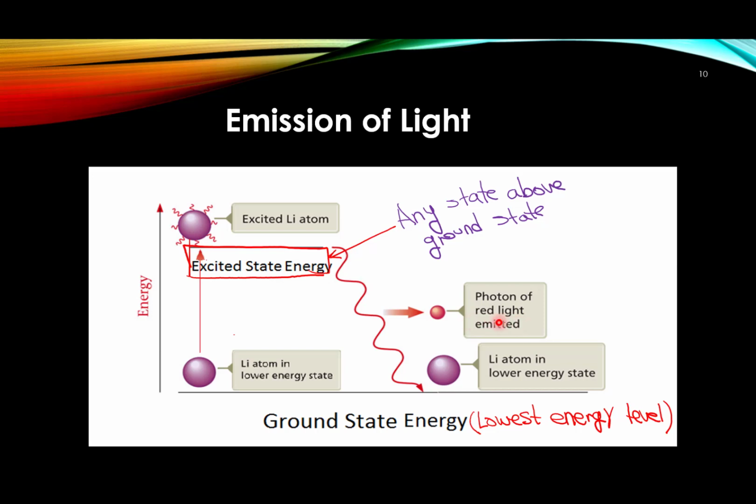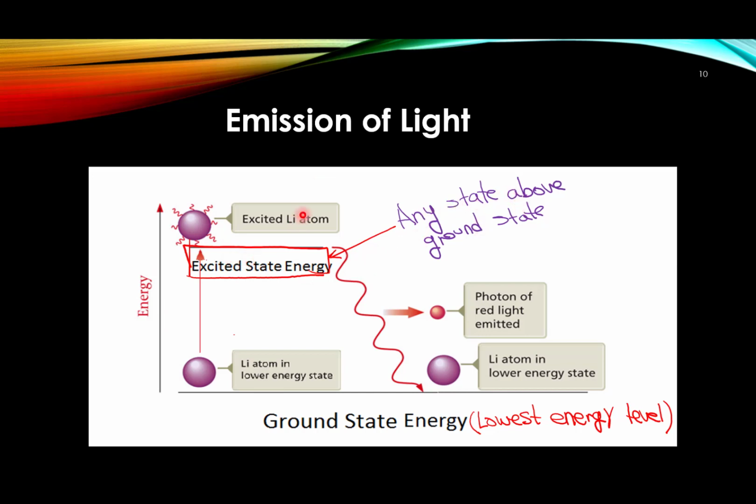Then one more time, let's go over it. The lithium atom is at the ground state. It's the lowest energy level, where all the atoms are happiest. Then the lithium atom absorbs the energy and moves from ground state to excited state. Any state above the ground state is an excited state.